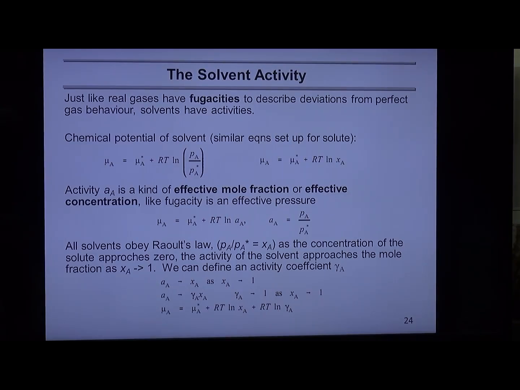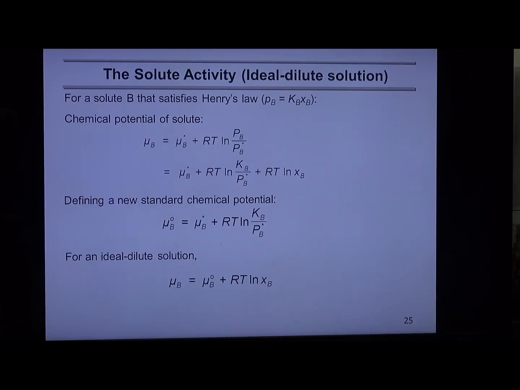How about the solute? How can we describe the solute behavior of a real solution?